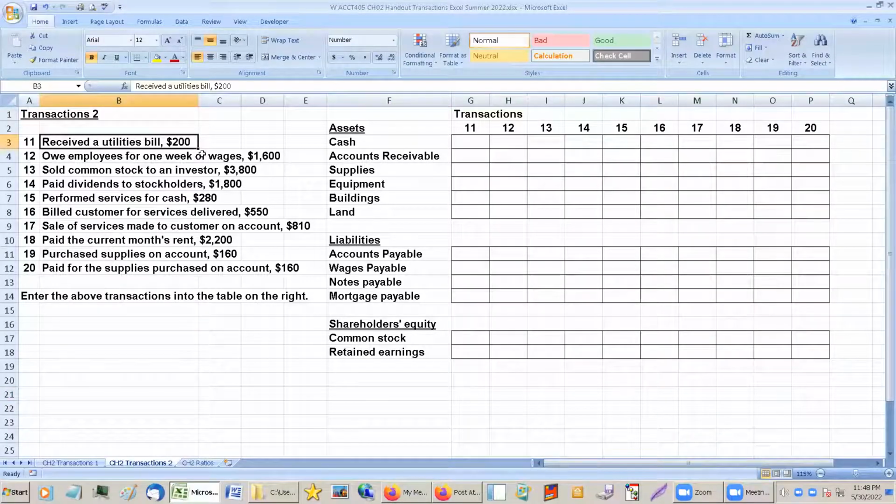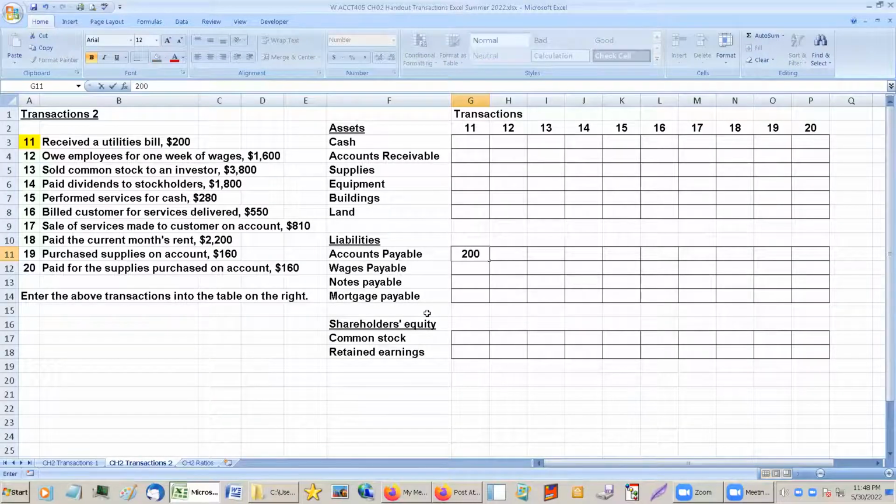Okay, receive the utilities bill. Okay, we haven't paid it yet, but now we owe $200. And down here, I'm going to put the different accounts that we have. So revenues will be a plus.